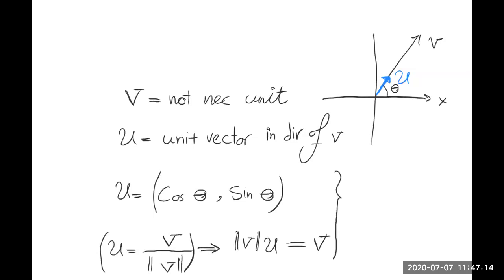Now, look at these two things at the same time. V is equal to length of v times u. But instead of u, I would write this vector here, cosine theta and sine theta. This is quite useful. Let's first solve an example to make sure we are not going to get confused, and then I will tell you what it is good for.